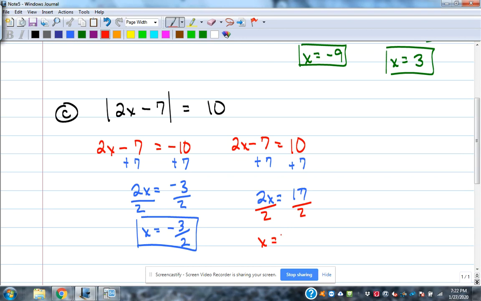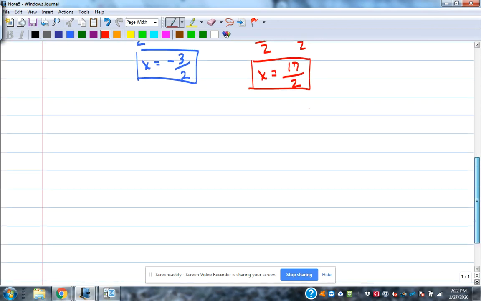Get another fraction answer, 17/2. There we have two answers. If you plug them back into the original problem, they both work. And so again, it's equations, so we can check all our answers and know whether or not we're doing it right before we turn it in.